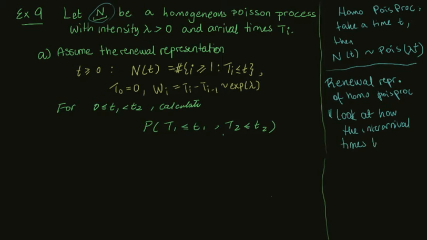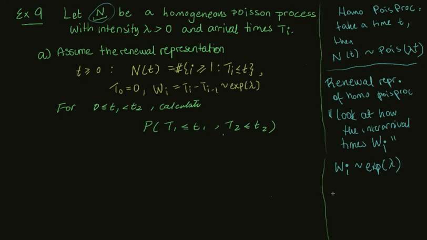In a renewal representation, we call these inter-arrival times Wi, and Wi is the amount of time that passes from the (i-1)th claim to the ith claim. So we look at the inter-arrival times Wi. How are they distributed? Well, a Poisson process that is homogeneous has inter-arrival times Wi which are exponentially distributed. And in our case, since it has intensity lambda, the inter-arrival times are exponentially distributed with parameter lambda.